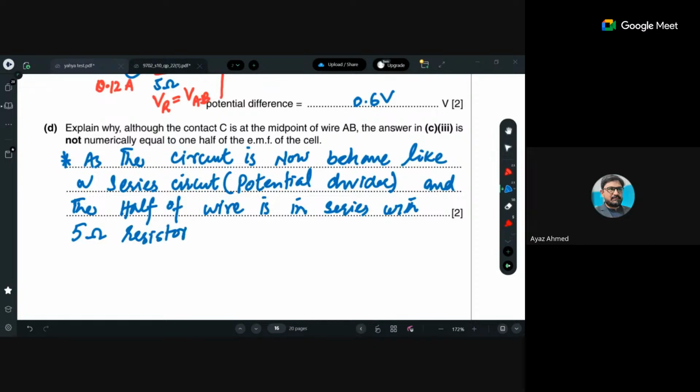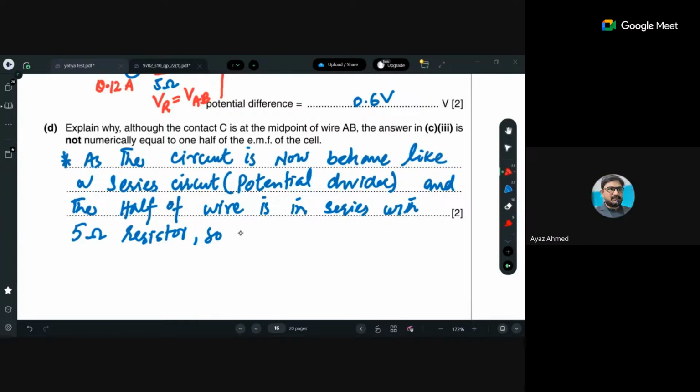Combined, their resistance is not half of the resistance of the full wire, right? This is the logical answer.